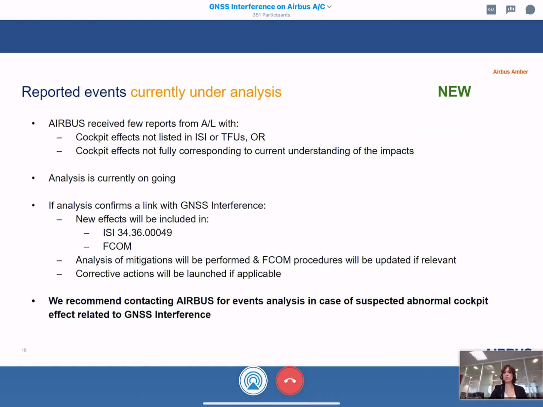Analysis of the mitigations will be performed, and FCOM procedures will be adapted if considered relevant. Corrective actions will be launched if applicable. We recommend contacting Airbus for analysis in case of suspected abnormal cockpit effects related to GNSS interference. Your inputs are really valuable for us, for the threat understanding.